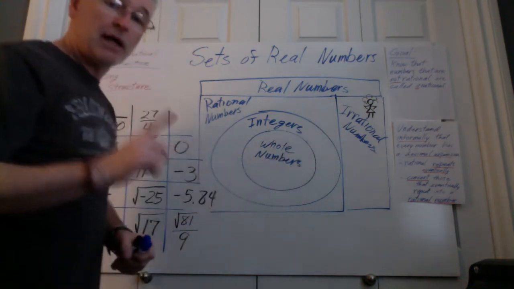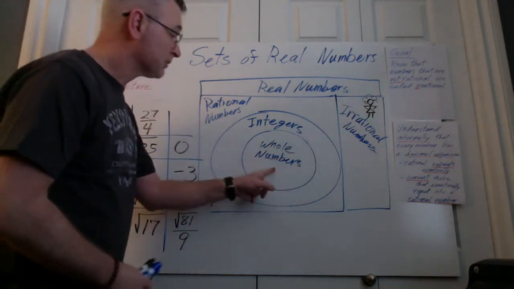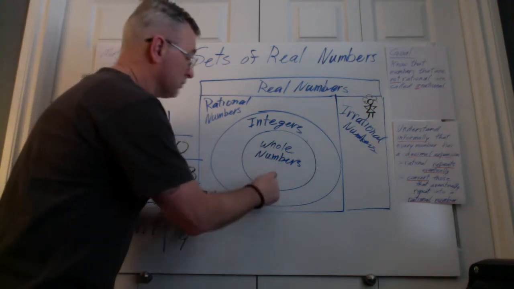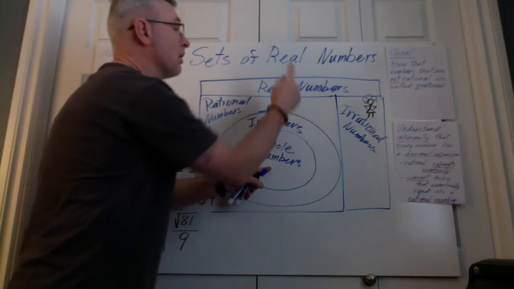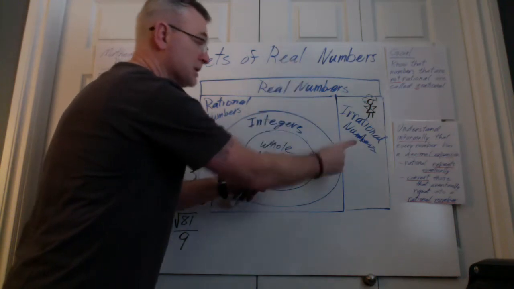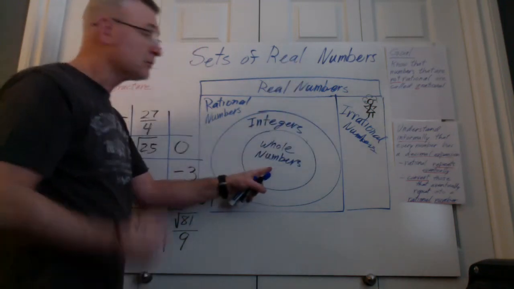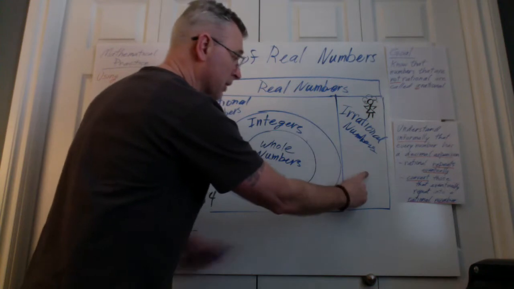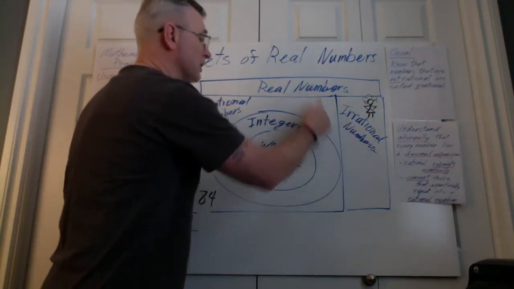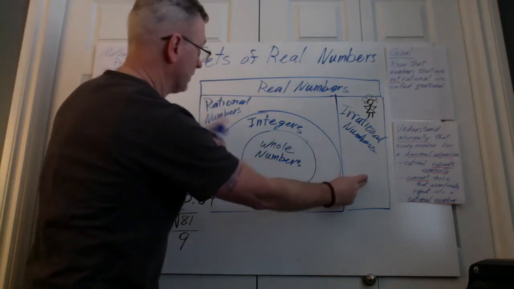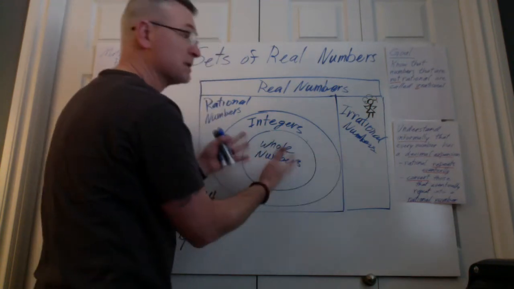So if you find a whole number and it's here, it's also in the integers. It's also in the rational numbers, and it's also a real number, but it's not an irrational number. If you identify an irrational number, it is only in the real numbers, irrational numbers and real numbers. It is not a rational number. It's not an integer, and it's not a whole number because it would be sitting over here.